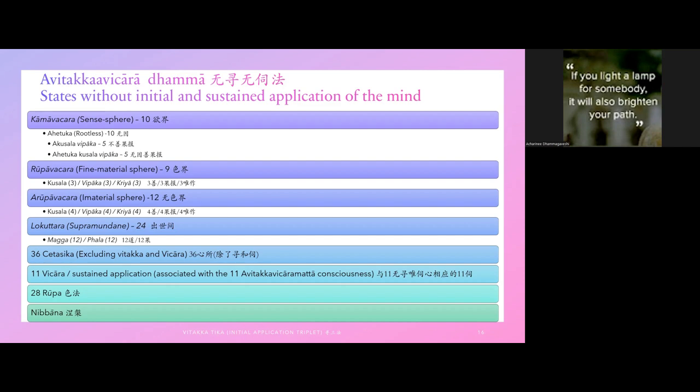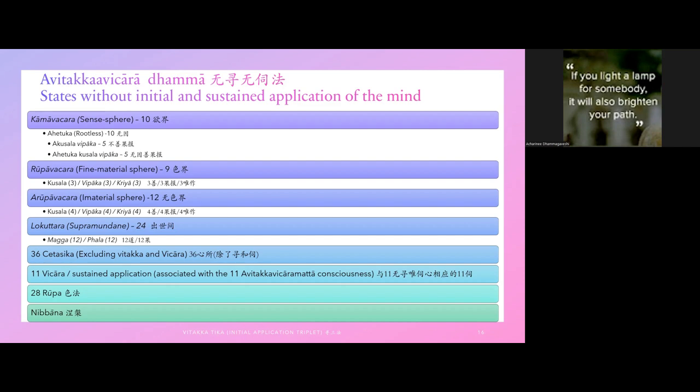Under kāmāvacara, you would remember that 44 out of the 54 consciousness were classified under the first term, savitakkasavicārā dhammā. Now here we get the remaining 10 consciousness. These are the 10 ahetuka, rootless consciousness. So these 10 are 5 akusala vipaka and 5 ahetuka kusala vipaka. These are the eye, ear, nose, tongue and body consciousness.